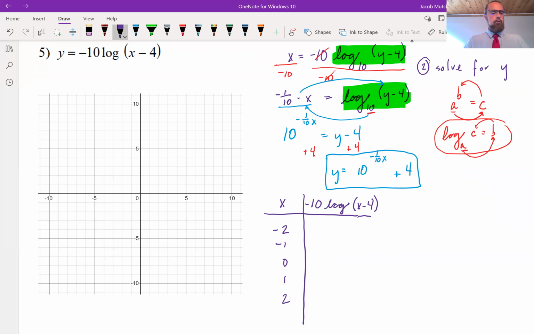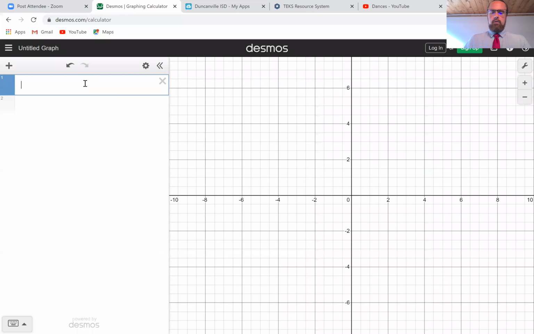Let's take this over to Desmos to get a table of values. I'm going to write the function down, negative 10 log of x minus 4, and we'll grab a table from the graphing calculator. We'll type that in just as we saw it, y equals negative 10 log of x minus 4.